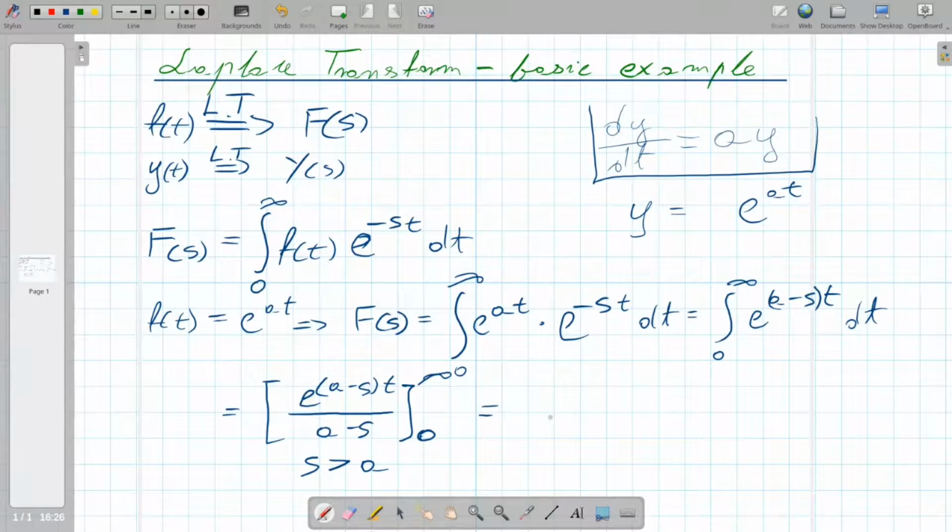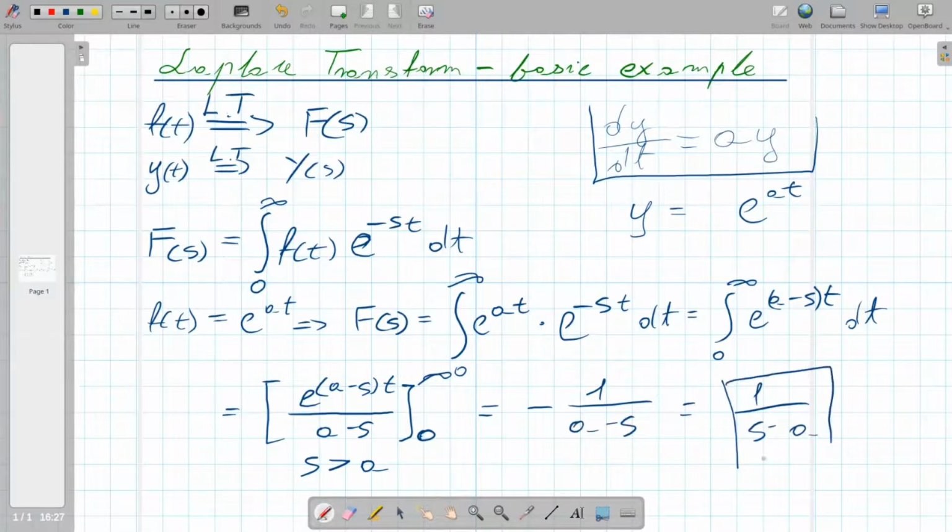So what I have is minus, because I subtract the lower limit from the upper limit, and the upper limit is 0, so I have minus the lower limit, which is 1 over a minus s, which is 1 over s minus a.